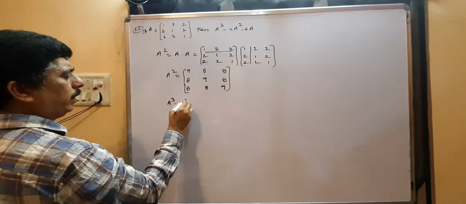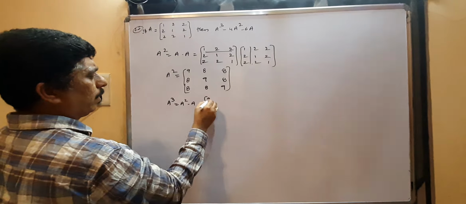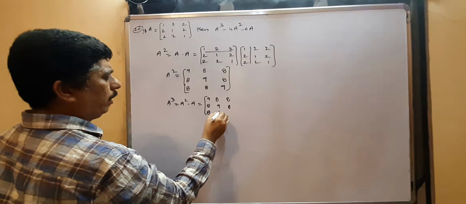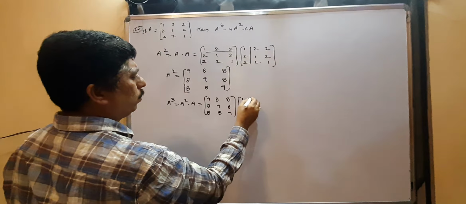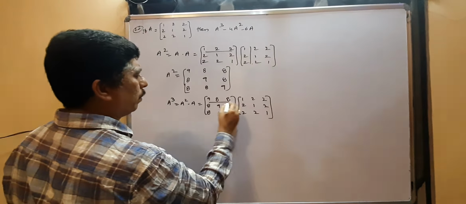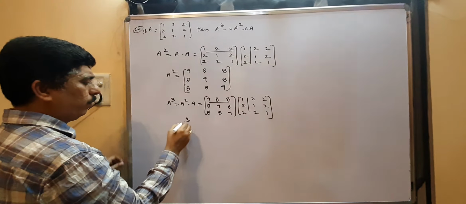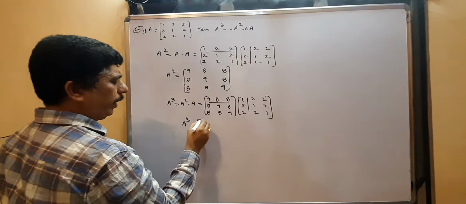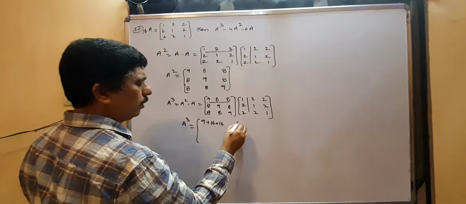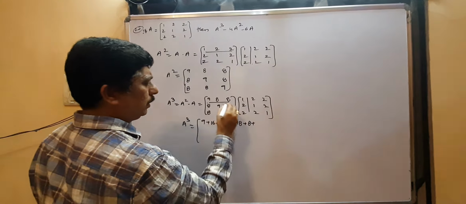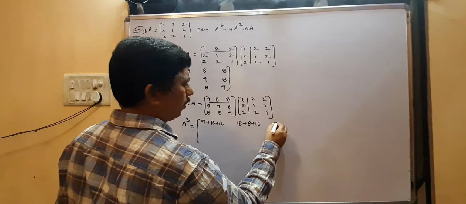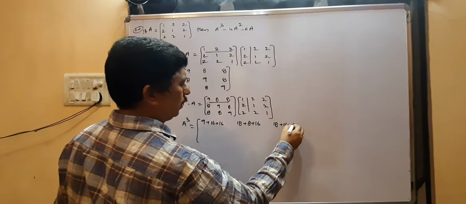A cube means A square into A, that is 9 8 8, 8 9 8, 8 8 9 into 1 2 2, 2 1 2, 2 2 1. You have to multiply row into column. 9 into 1 is 9, 8 into 2 is 16 plus 16. Row into column: 9 into 2 is 18 plus 8 plus 16. First row into third column 18 plus 16 plus 8.